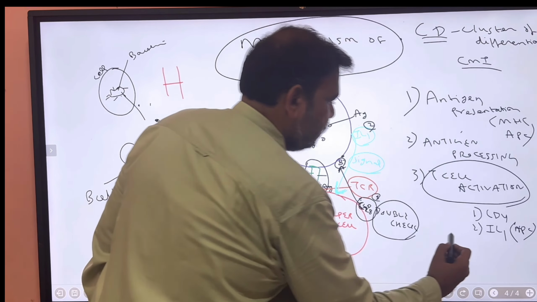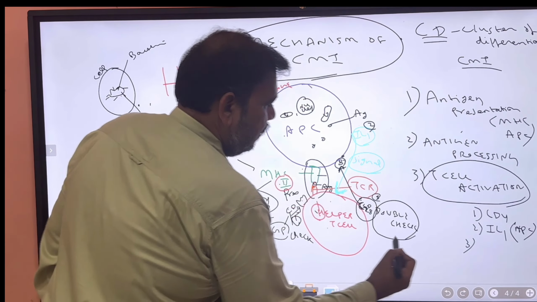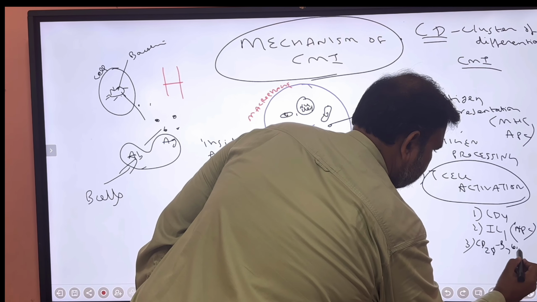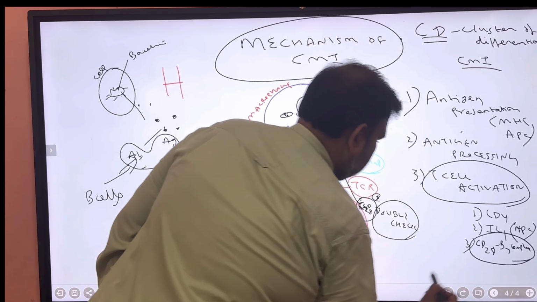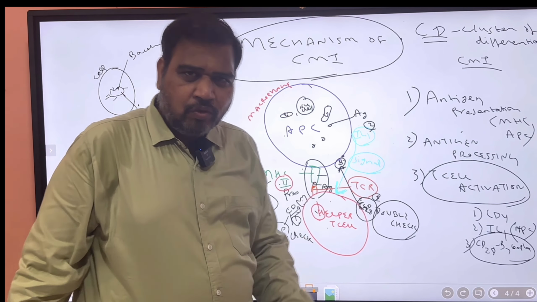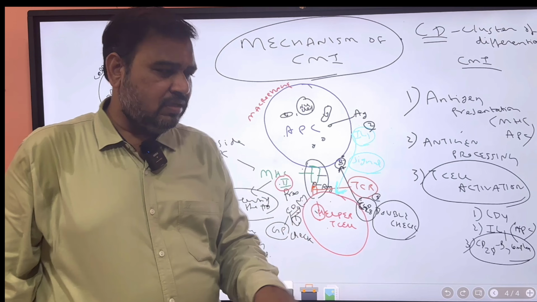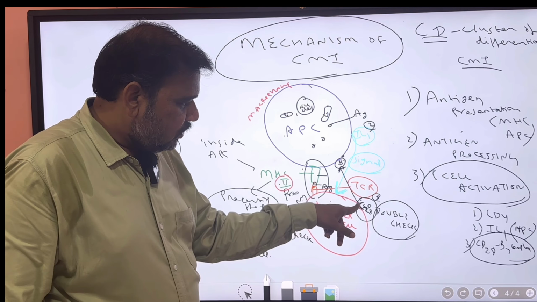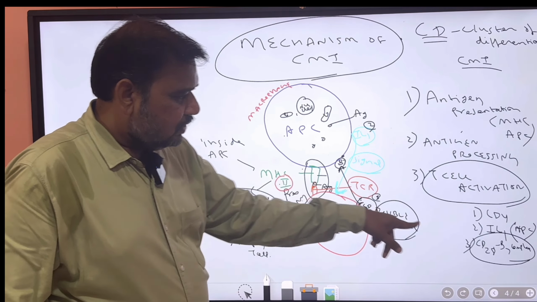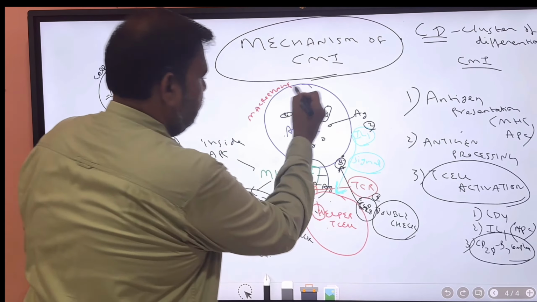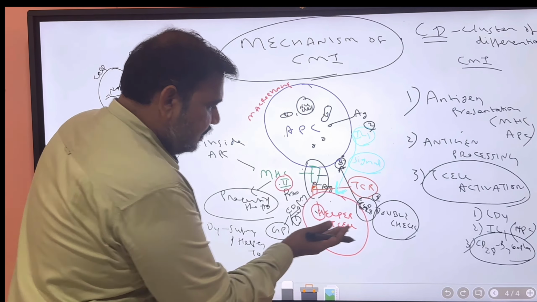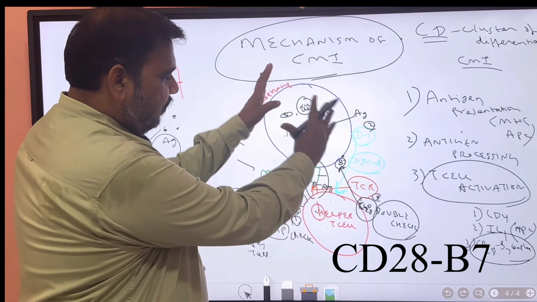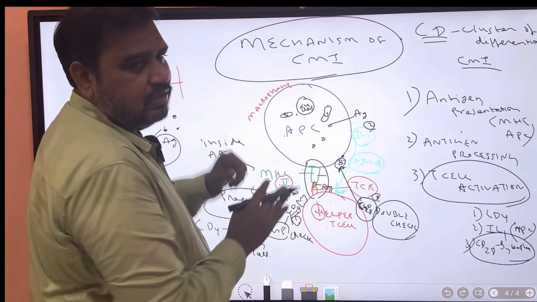Now third one is, I want you to memorize this, the CD28 B7 complex. CD28 is also a glycoprotein, cluster of differentiation. CD28 is present on the surface of helper T cell, and CD28 is sending signals to B7. B7 is present on APC, antigen presenting cell. Again, CD28 B7 is also confirming this combination of helper T cell and antigen presenting cell.